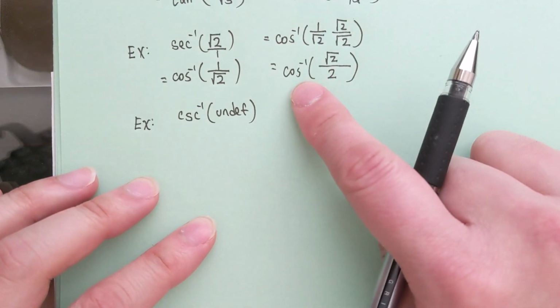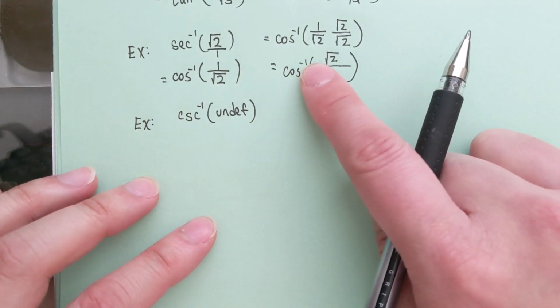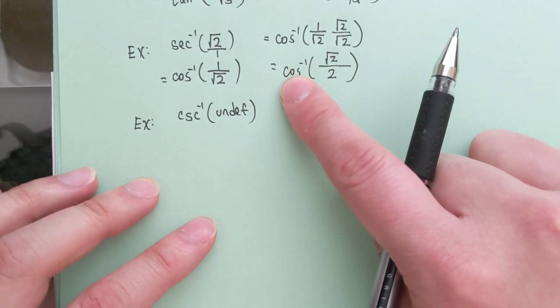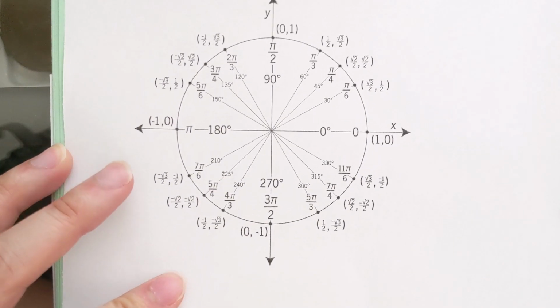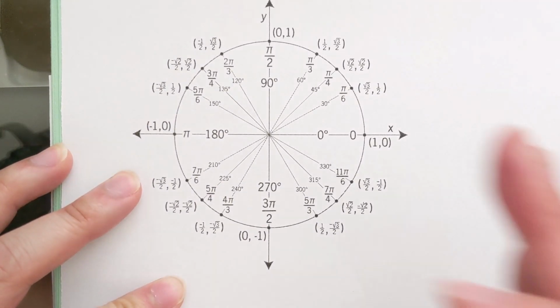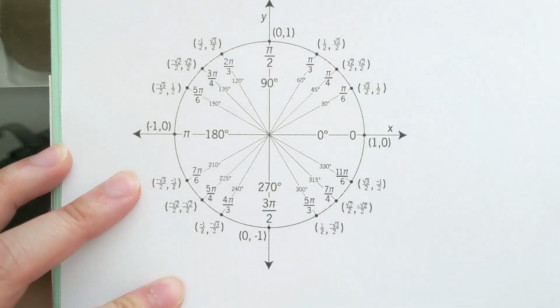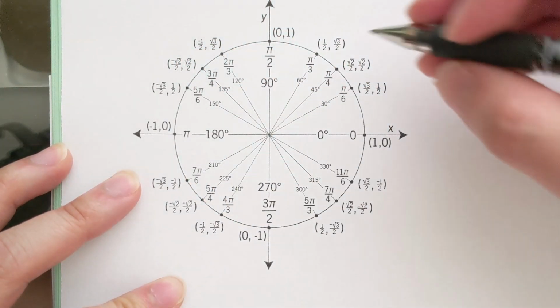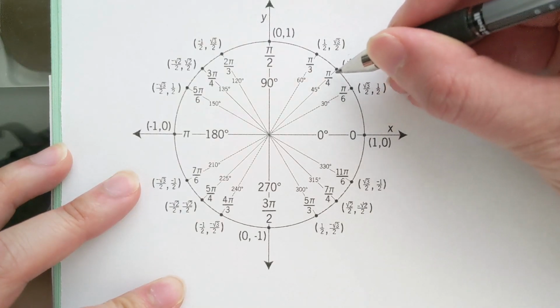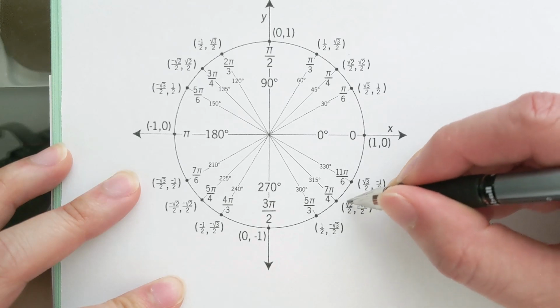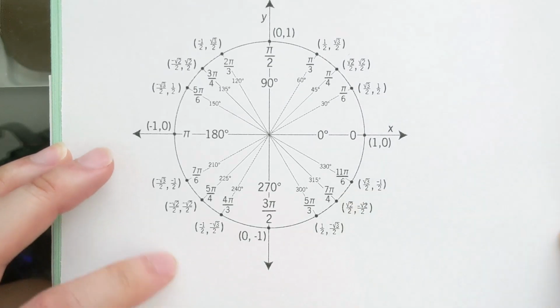Now, from the last video, this means at what angle is the x-coordinate square root of 2 over 2? We know that the x-coordinate is positive, specifically in the right half of the circle. And specifically where x is square root of 2 over 2 is right here at pi over 4, and right here at 7 pi over 4.